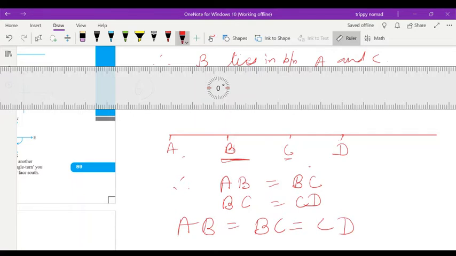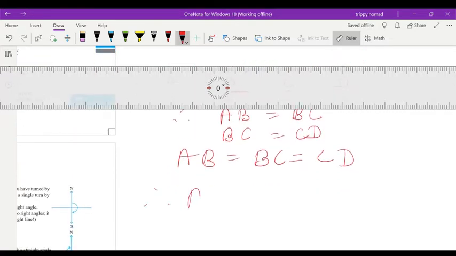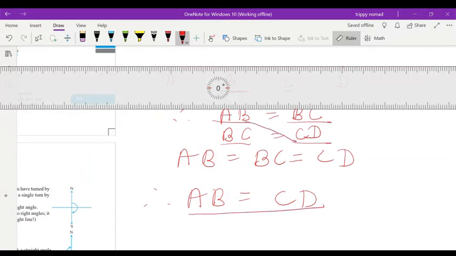Therefore, AB is also equal to CD. AB is equal to BC, BC is equal to CD, therefore AB is also equal to CD. All these three are equal, so you can say that AB is also equal to CD. I hope you understood what I want to say. So what they asked is why AB is equal to CD.